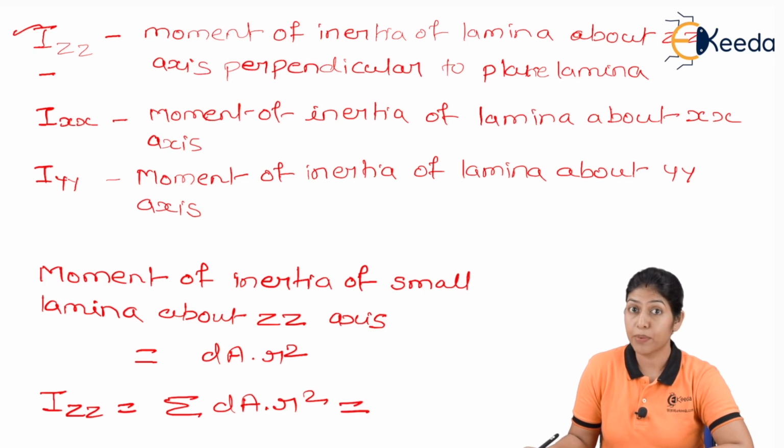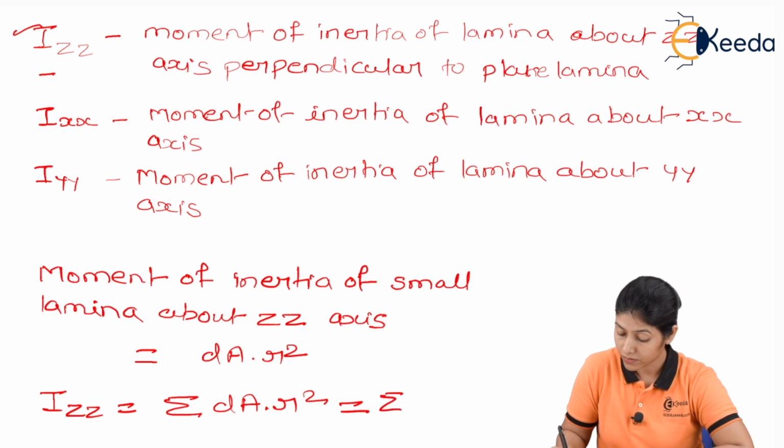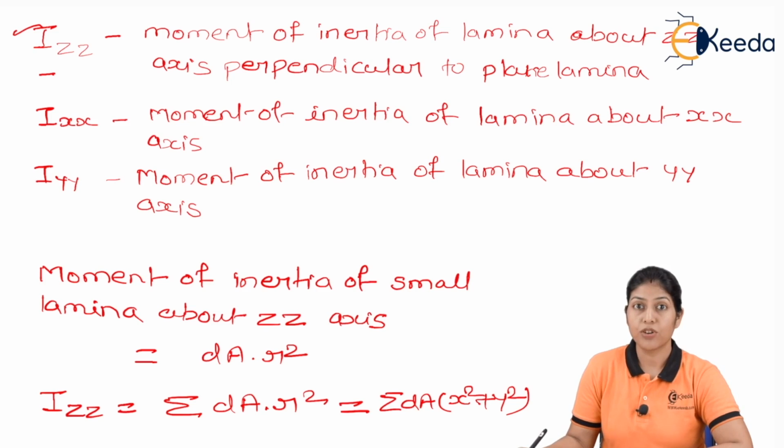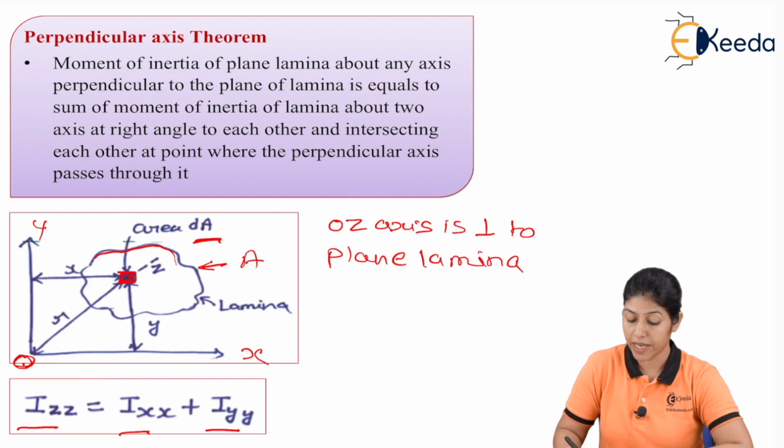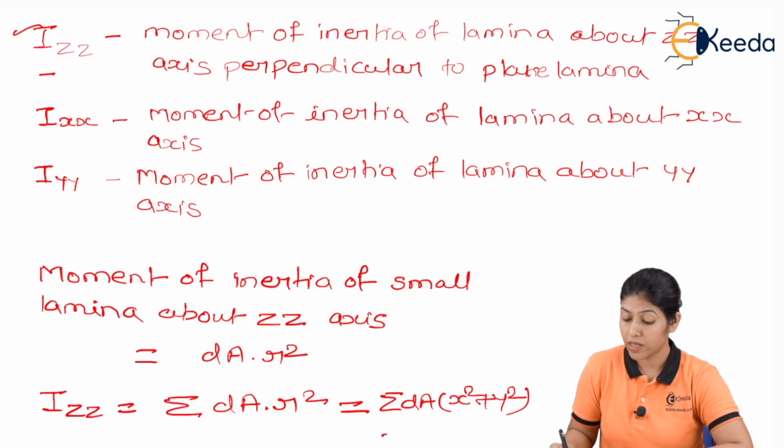As per this diagram, we can write this as the summation of dA into x square plus y square. Here, taking r as the resultant of x and y, r square will be equal to x square plus y square. So we can write this as the equation of Izz.